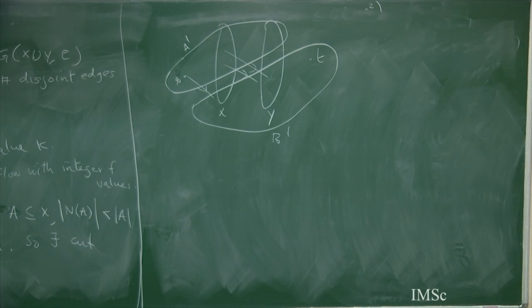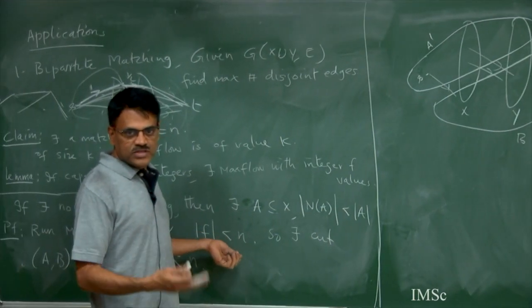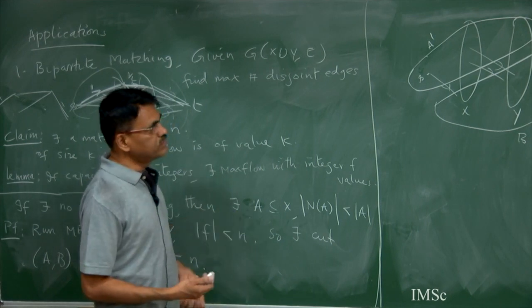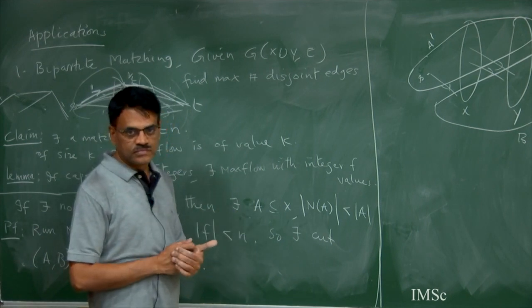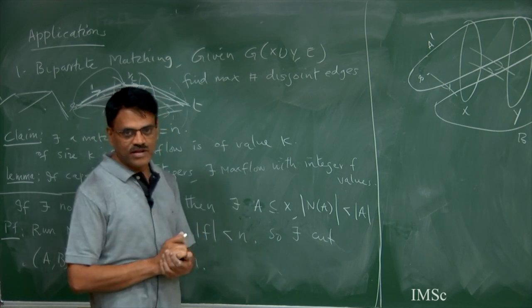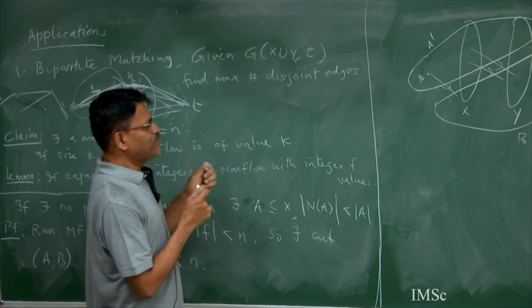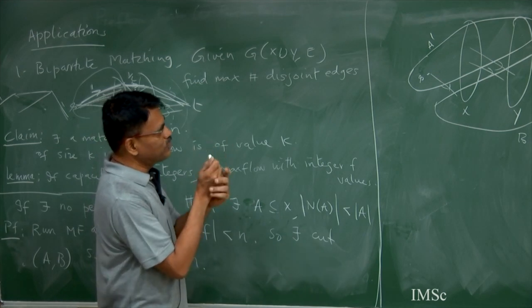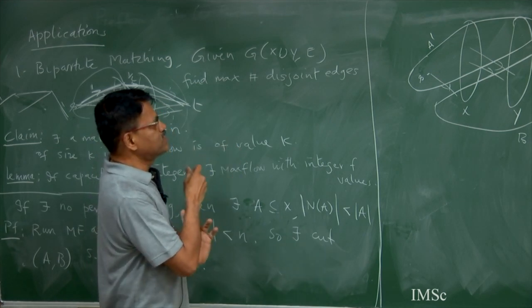What is our goal? The goal is to get some subset of X whose neighborhood is strictly less than the cardinality of A. So what's a natural candidate for A? A prime intersection X, right? Yes, that's going to be it, but before we do that, let's make some observation about A prime.